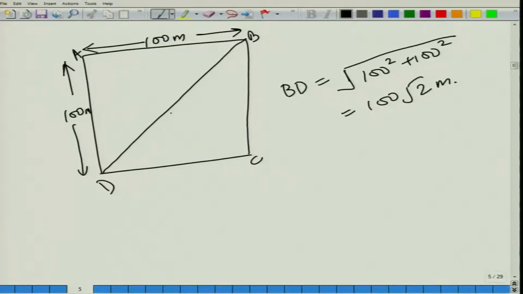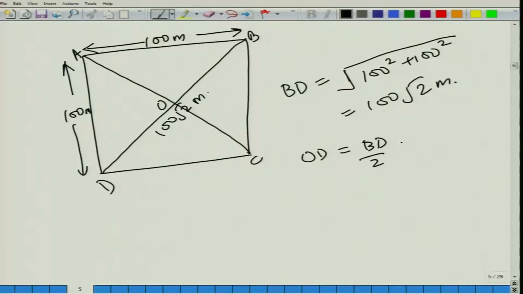So, this distance BD, which is the diagonal in this case, is 100 root 2 meters. If we took these two diagonals, let these intersect at O. So, what is the length of say OD? Now, OD is BD upon 2, which is 100 root 2 upon 2, which is 100 upon root 2 meters.